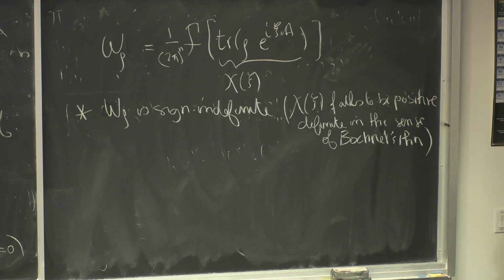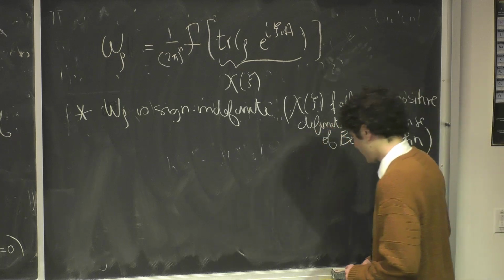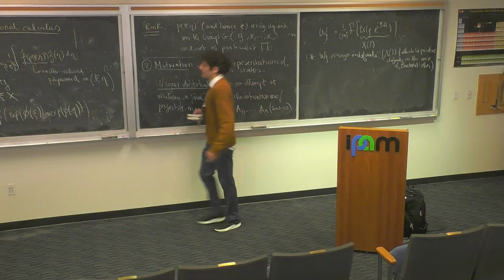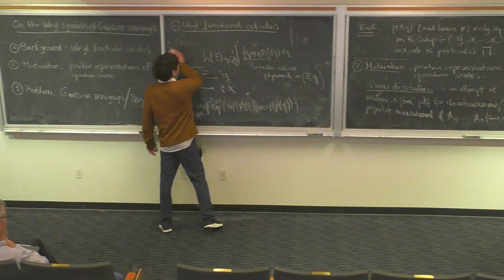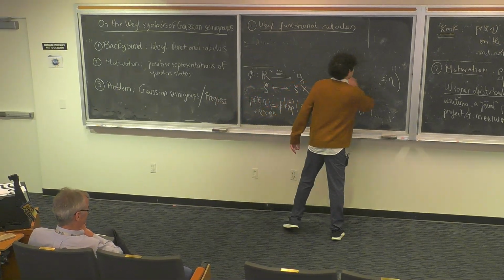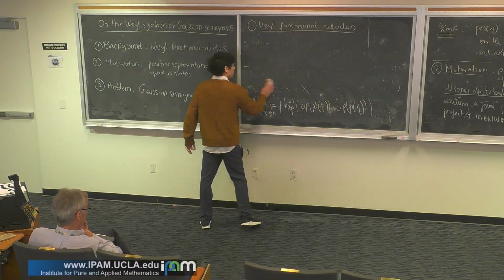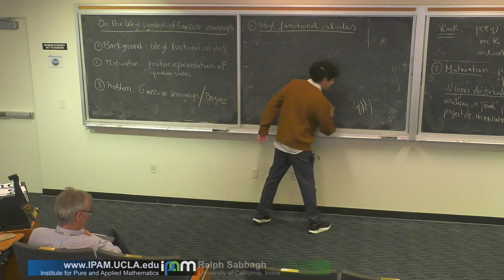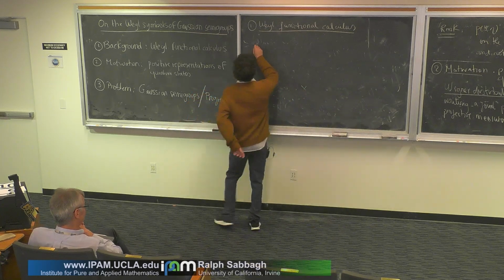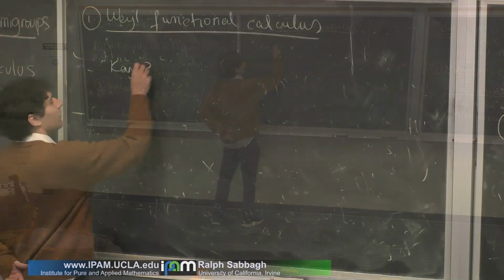Now, despite this, I would like to tell you about other properties of the Wigner distribution, which make it very useful. And one of which will tie back to the background that we discussed. So this is maybe a key property.